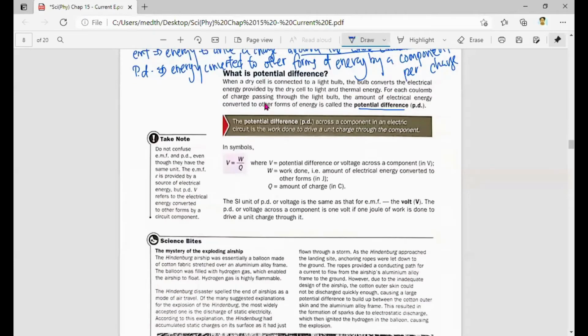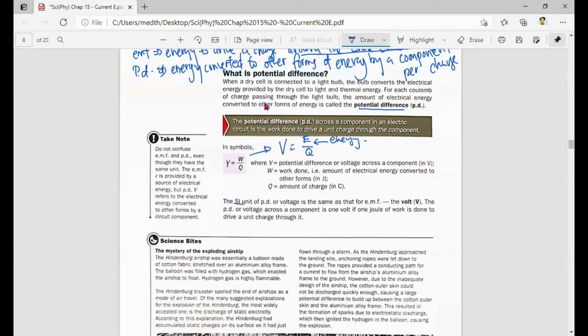Okay, so what's the formula? V, which is the potential difference, is equals to work done over charge. Those of you in my class, you realize Cher doesn't like to write this. Cher will always convert this to V equals to E over Q, whereby this E is actually energy. So energy converted to other forms of energy per charge.